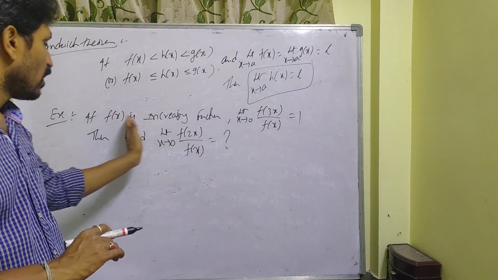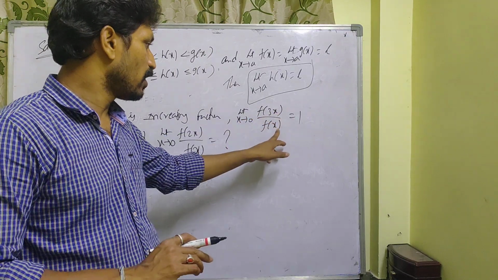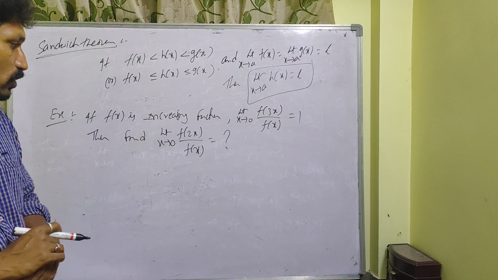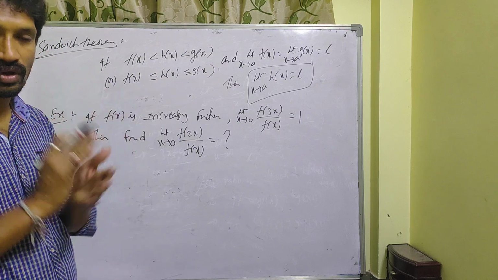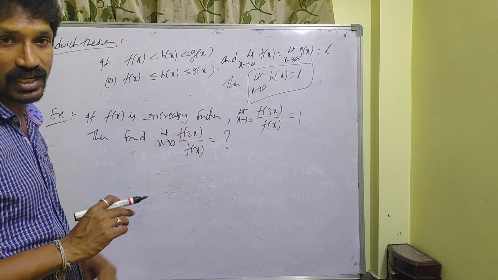See here, f of x is an increasing function and f of 3x by f of x value is 1, they are asking to find limit x tends to 0, f of 2x by f of x. Just observe concentratedly. F of x is an increasing function.